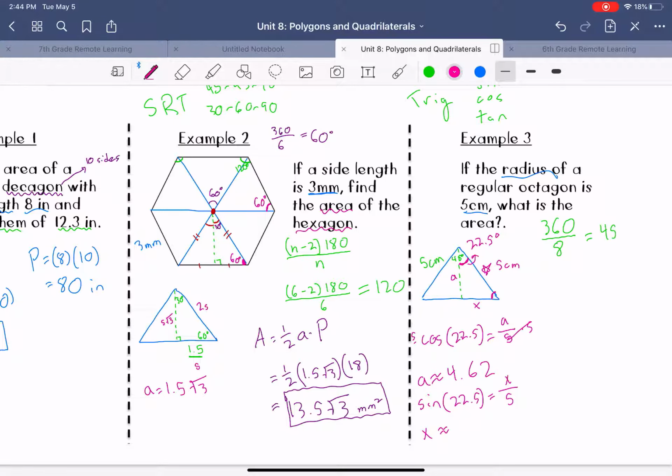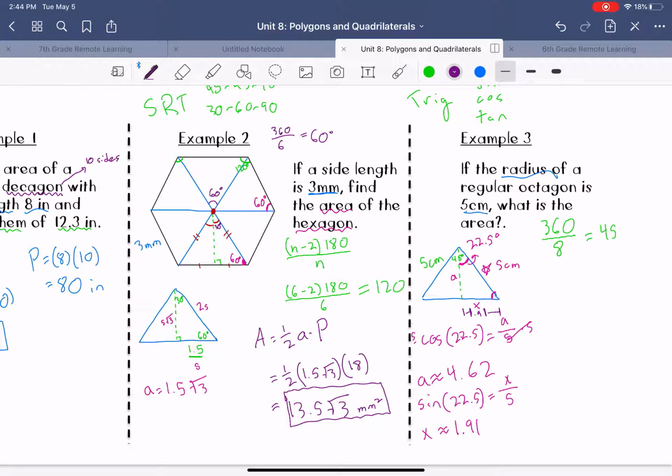I'll get x is approximately 5 times the sine of 22.5, which is about 1.91. Now, it's important to remember that 1.91 is just half of the side. It's not the entire side, so we are going to have to double that.